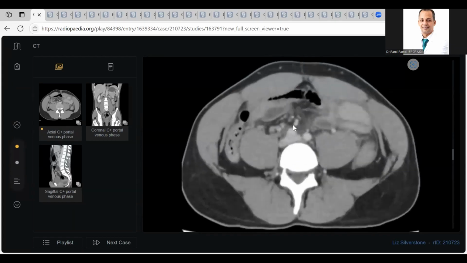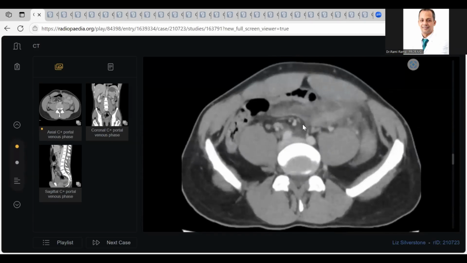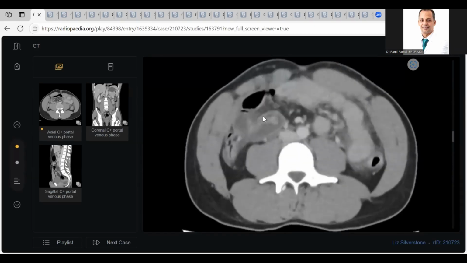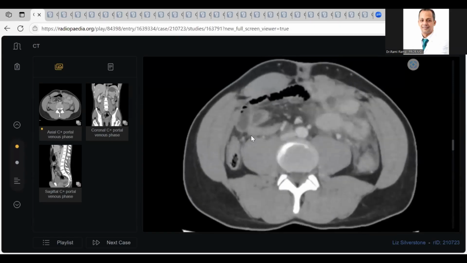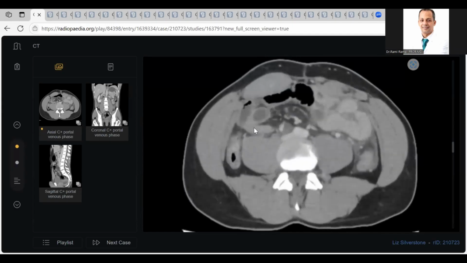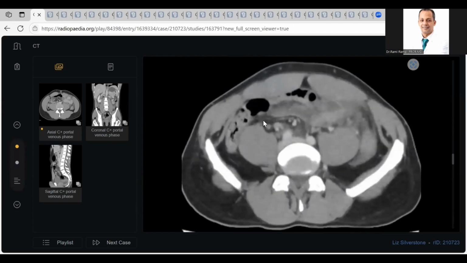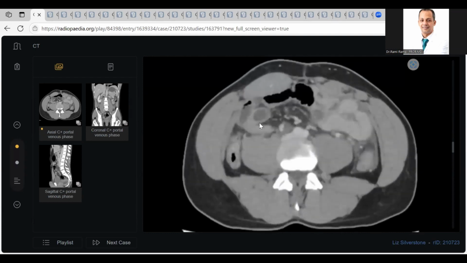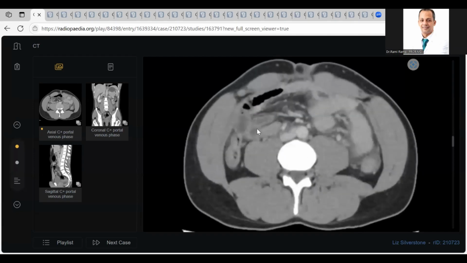Could you show me the whole length of this appendix? Yes, I'm trying. Yeah, this is going on that side. Indicate it with the mouse. Show me where it is.